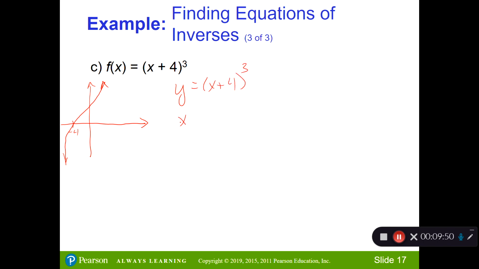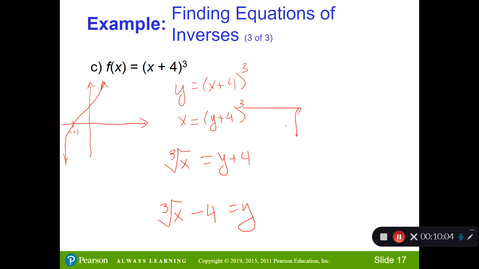Flip the x's and y's. Cube root both sides. So my inverse function would be the cube root of x minus 4.